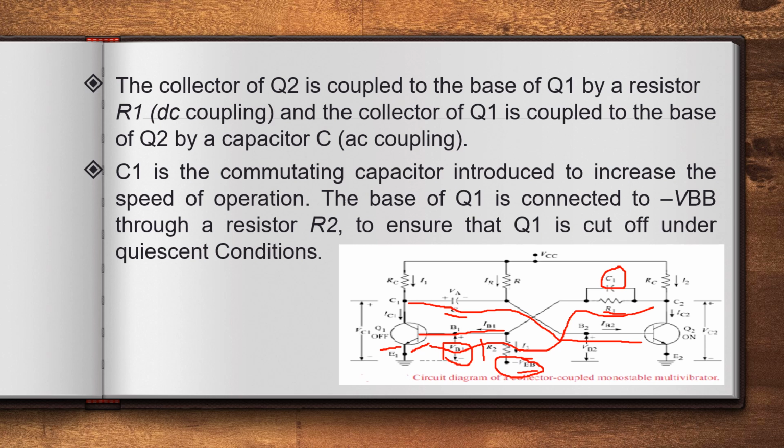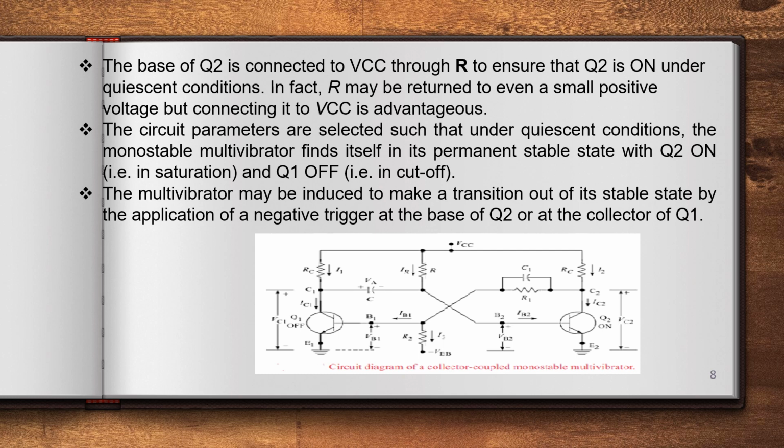Under quiescent conditions, once it is connected to the supply voltage, transistor Q1 immediately enters the cutoff region, to ensure that Q1 is cut off under quiescent conditions. The base of Q2 is connected to VCC through resistor R to ensure Q2 is on under quiescent conditions.